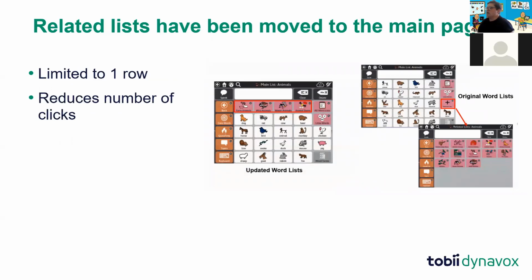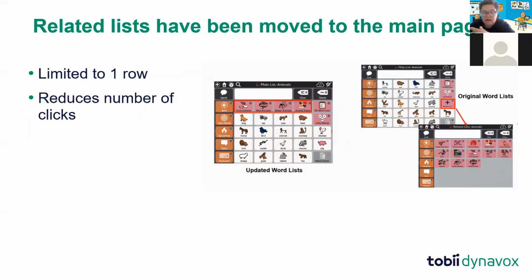Another thing that we've done, and I will demonstrate this so you'll be able to see a bit clearer, but this image hopefully shows you a little bit, is that we've moved where the related word lists are. Within each word list, there was an extra button that would take you to related word lists.